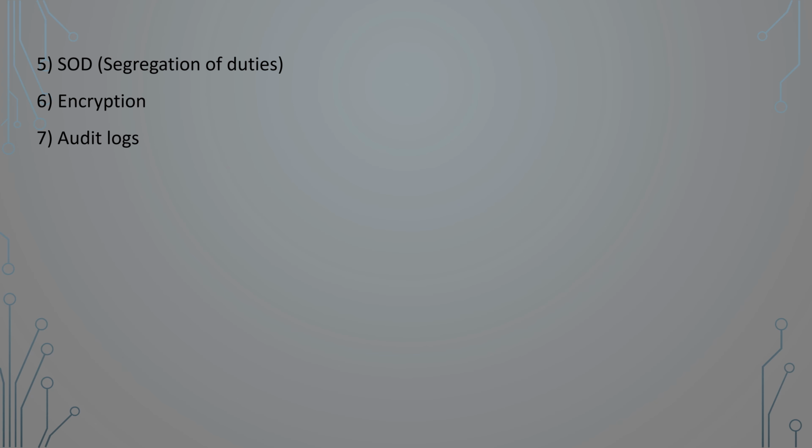Next is the SOD part. SOD is segregation of duties, means one person should be handling a minimum of departments. For example, related to passwords, one person is handling how to create the password, the second person is reviewing that particular one, and the third person will be the approver of such policies.